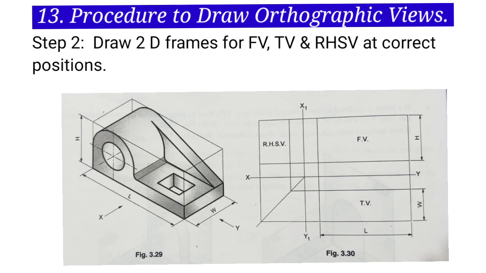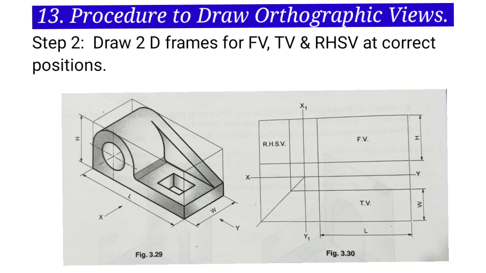While drawing the views of the box, maintain the proper spacing of the views with the reference lines XY and X1, Y1. The front view and the XY line have a distance of 10 millimeter.